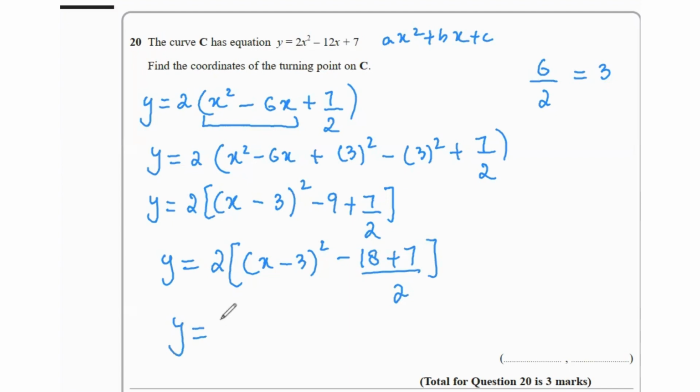Multiply the 2 with everything. So 2 times x minus 3 squared, and 2 times 1/2, the 2 gets cancelled out. So that's minus 11. So the turning point is basically this is your h value and this is your k value, and h and k are your turning points. So your h value is 3 and k value is negative 11. That's the turning point of C.